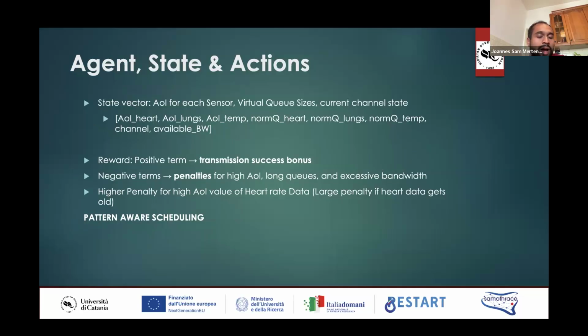In that case, the heart rate has to be given priority for transmission from the edge node to the metaverse server, the server that is hosting the digital twins. If the pattern is normal, you don't need to send the data instantly. But if there is an abnormal pattern in the recent past, such data has to be sent instantly.